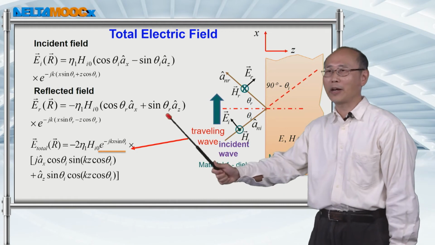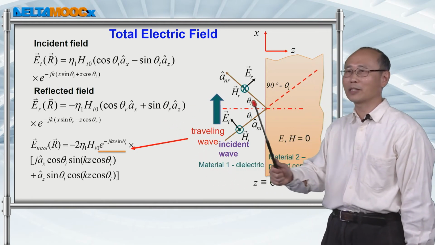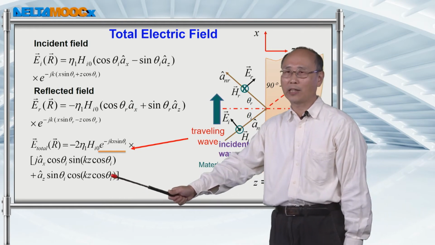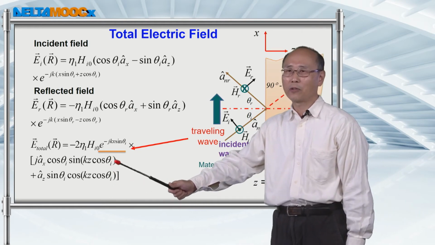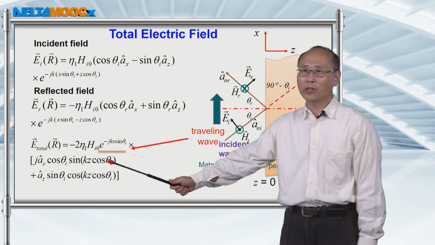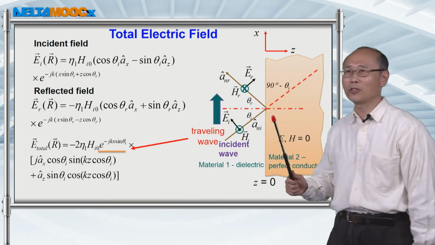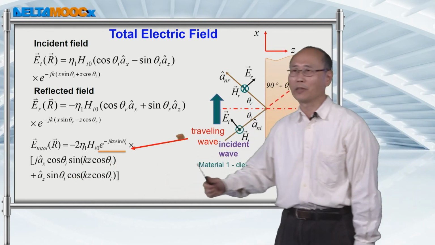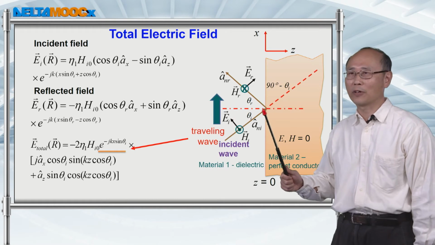But along the z direction, you have a wave in this direction and also have a wave reflected back. So you have a standing wave term right here, which is independent of time. But there are two components. You have the x component, which is the tangential component on this surface, and the z component, which is the normal component on the surface.